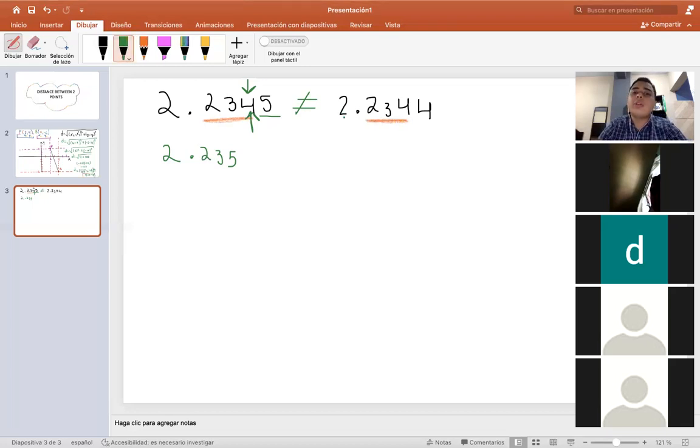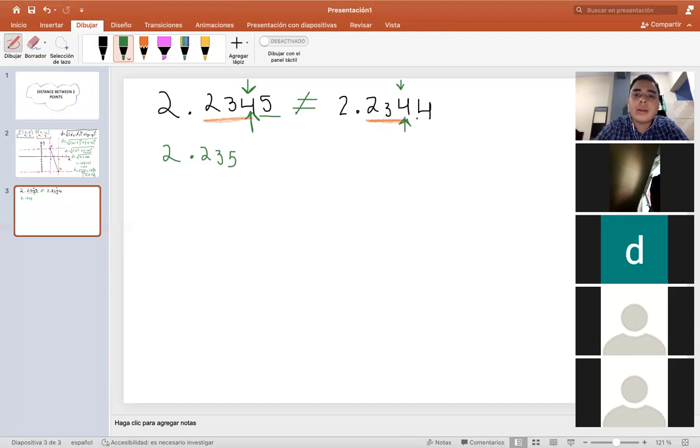So you look at your last number, that is a 4, and you see the number next to that 4. If it's greater than 5, you convert the 4 into a 5. But if it's less than 5, you leave the 4 as a 4.